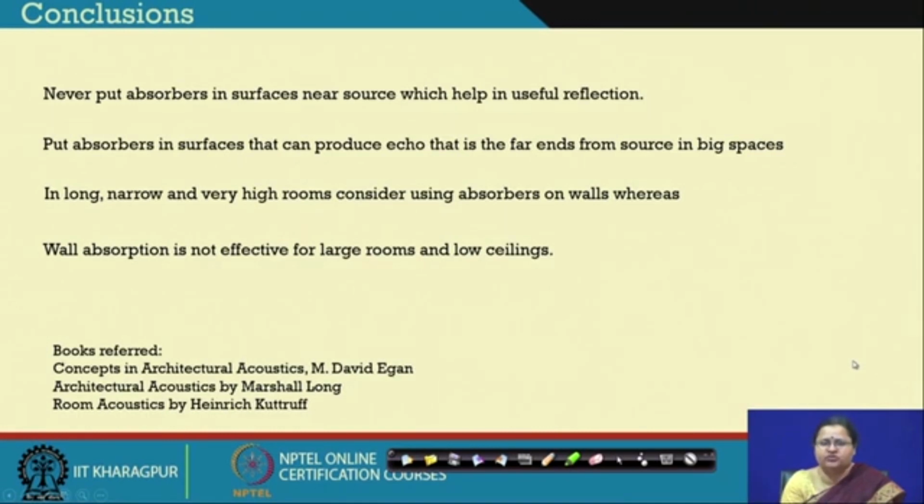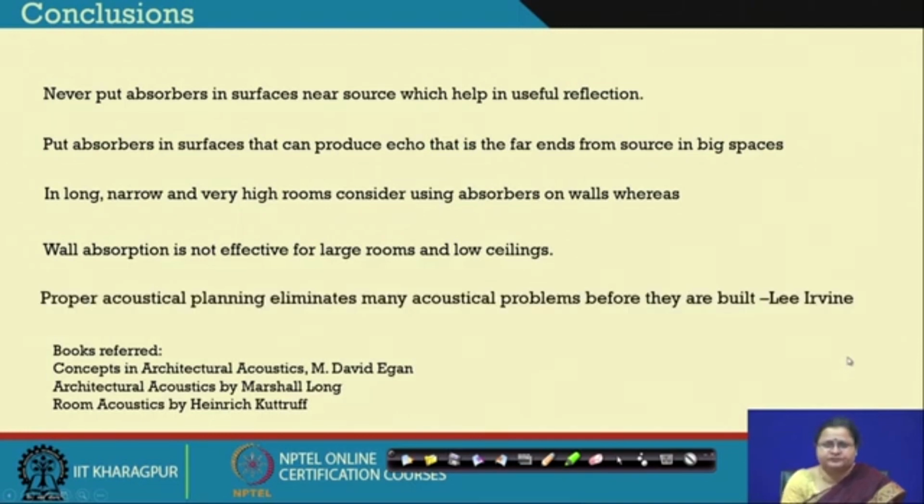So, for large rooms we had seen the ceiling absorption, providing ceiling absorption is important, and also with this understanding we also had seen area effect. So, we also know how these absorption to be provided to have effective absorption, and proper acoustical planning beforehand can eliminate many acoustical problems before the structures are built.